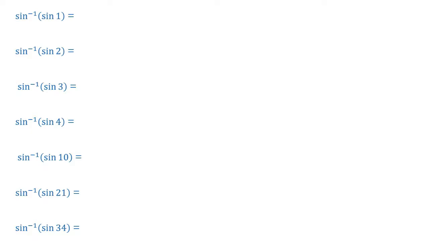I have taken a few examples. Sin inverse of sin 1: what will this value be? 1 here is in radians. What was our main branch? It is from minus pi by 2 up to pi by 2, which is ultimately 3.14 divided by 2, so 1 point something negative up to 1 point something. 1 radian obviously belongs to the interval minus pi by 2 up to pi by 2.